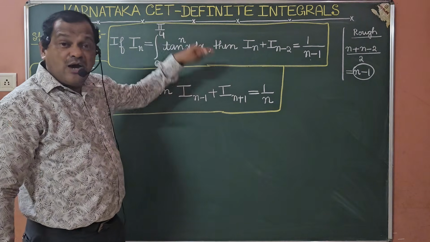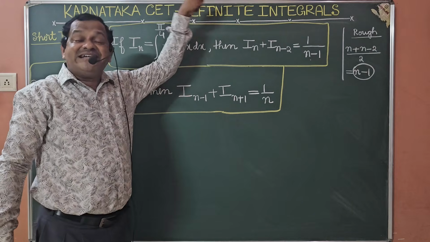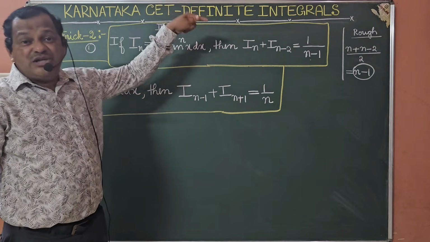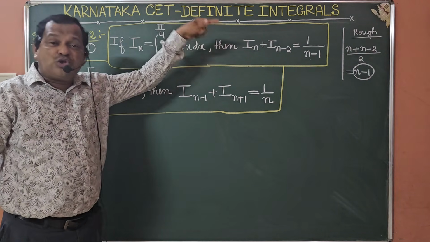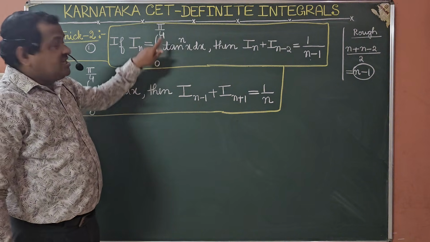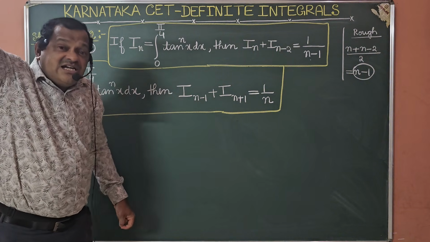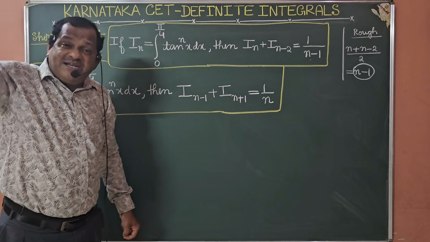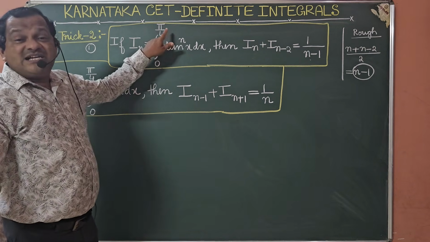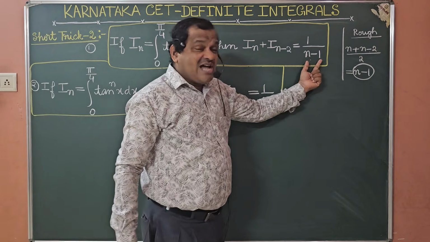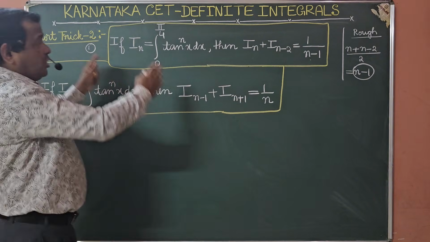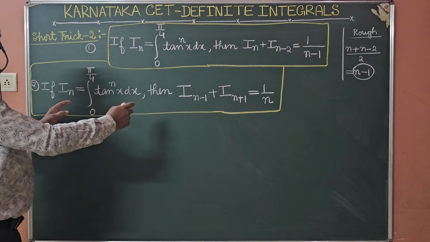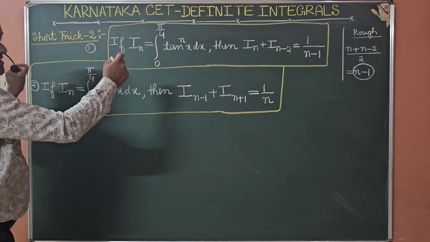I have done a video on indefinite integrals. If you kindly go through that video, in fact, that answer will be tan power n minus 1 x by n minus 1. You put the limits, you will get this as the answer. Therefore, watch the video carefully. This is my second short trick.